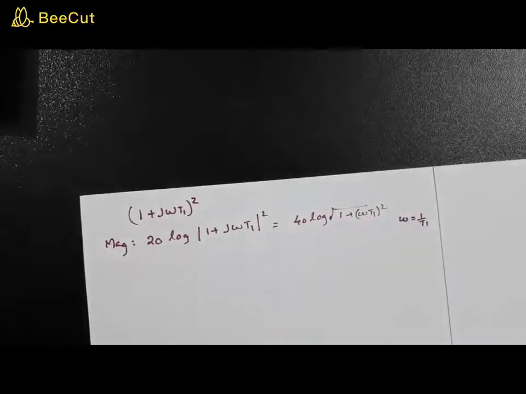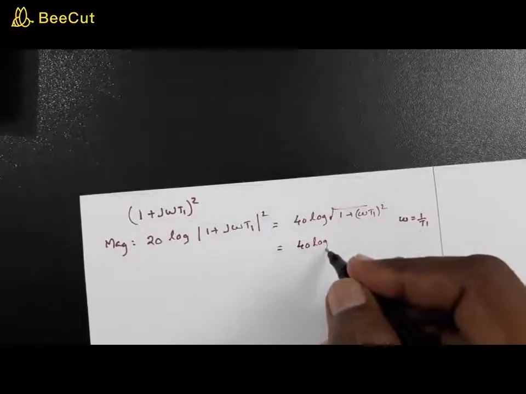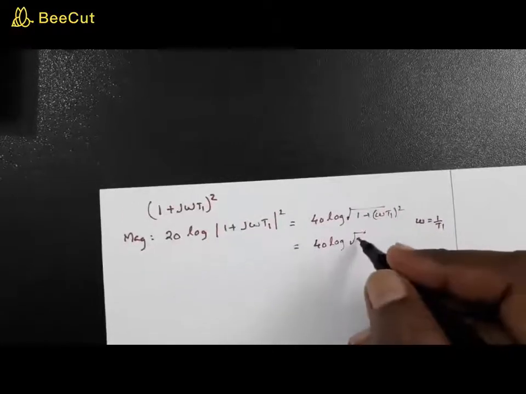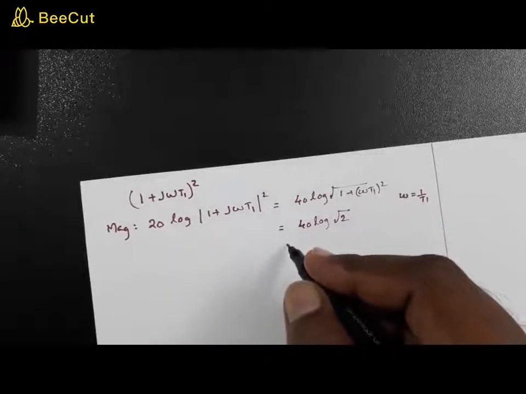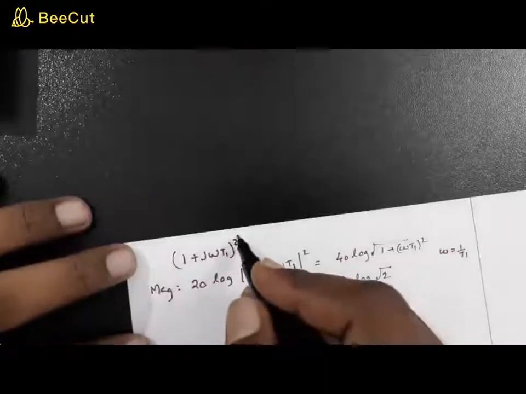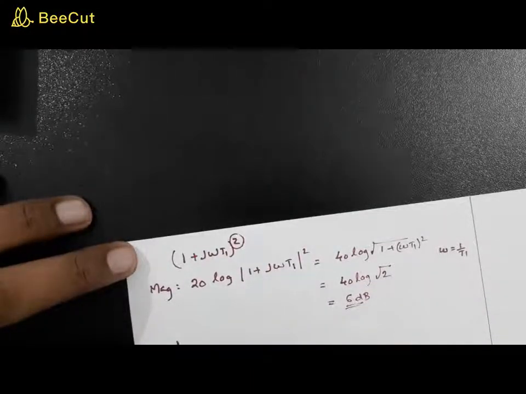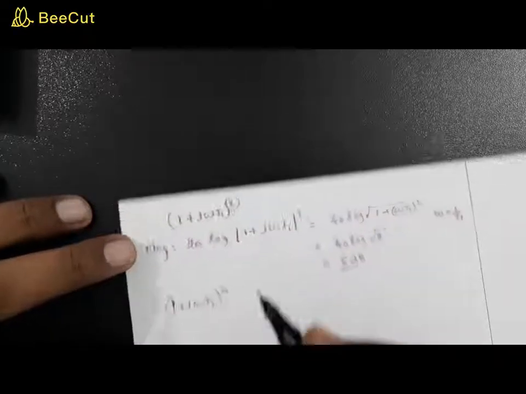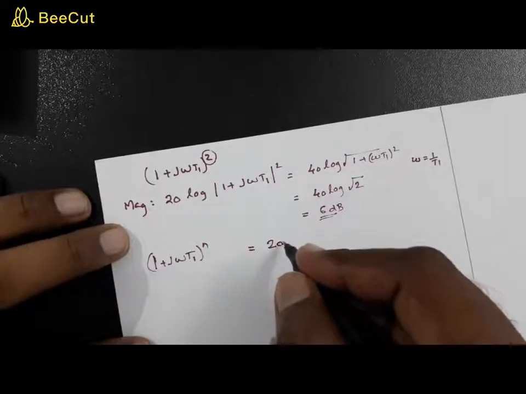So this becomes 40 log root 2, which is 6 decibels. So as the order of the factor increases, if I take an nth order factor, this will be 20 n.